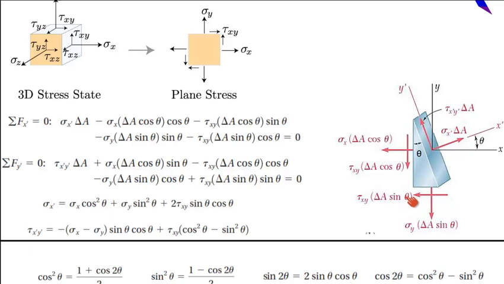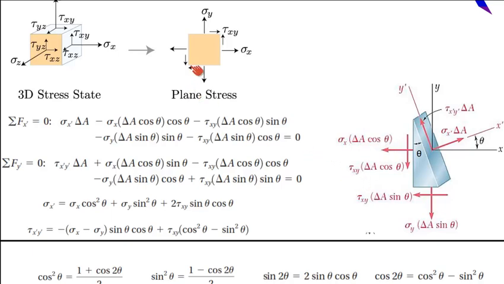It's very simple. So what we have to do is multiply the stresses with the corresponding area. That means if you take sigma x, this area is going to be delta A cos theta. We have multiplied this sigma x with delta A cos theta and it has changed into force, F1 force in the x direction.